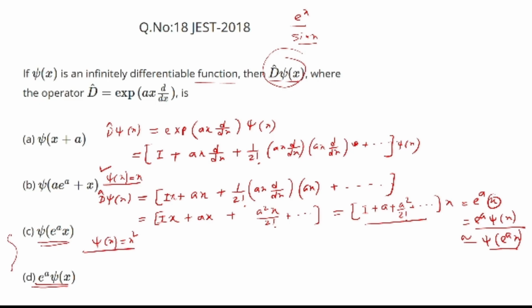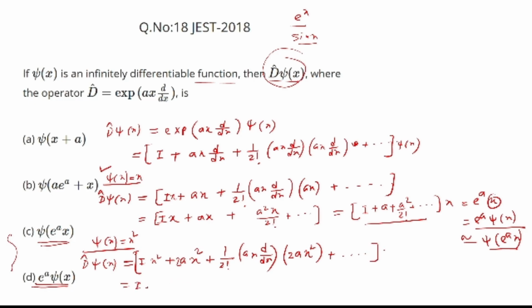So for the x squared case, we can again find D psi of x. The first term will be I x squared. The second term will be the first-order derivative of x squared, that is 2x, so 2 into a into x squared. The third term will be 1 by 2 factorial a x d/dx. The first-order derivative of x squared gives 2x, so it will be 2a x squared again, and so on.